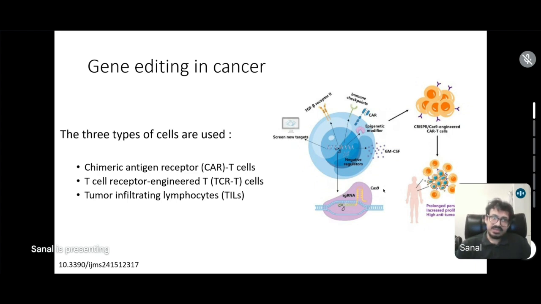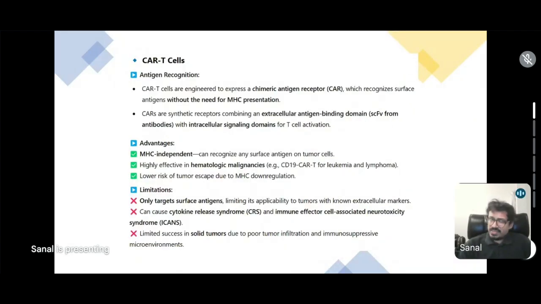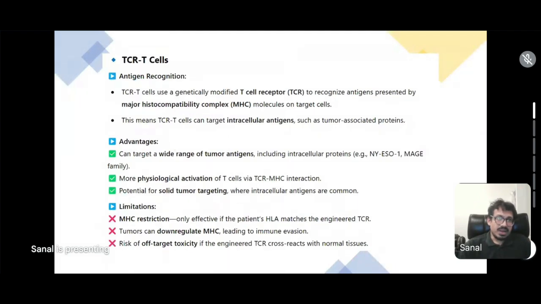So gene editing in cancer, there are three types of cancer gene therapy. One is chimeric antigen receptor, which you all are familiar with, and the next is TCR T cells, or T cell receptor engineered cells. And then comes tumor infiltrating lymphocytes. I'm not going into the details of CAR T cell therapies because it's a big topic. There are key differences between CAR T cell therapies and TCR T cells.